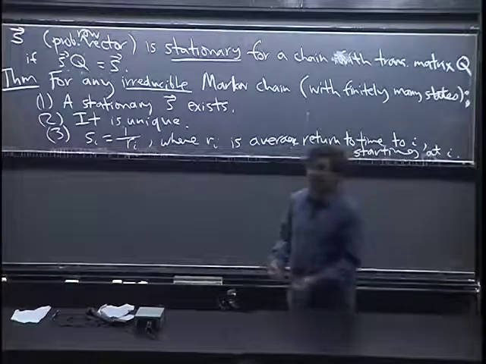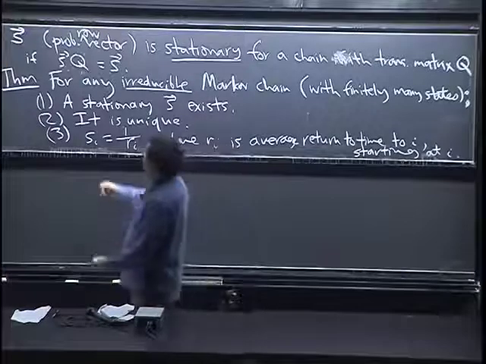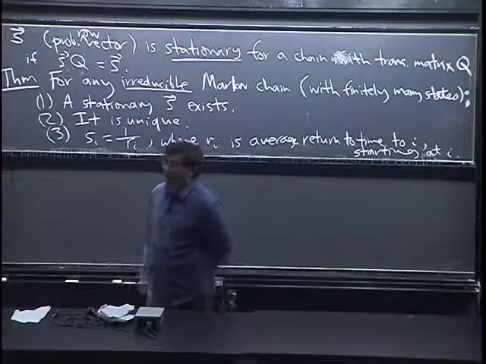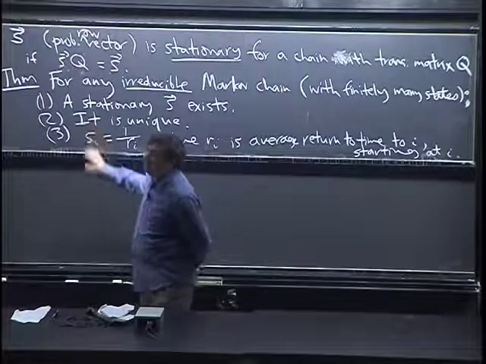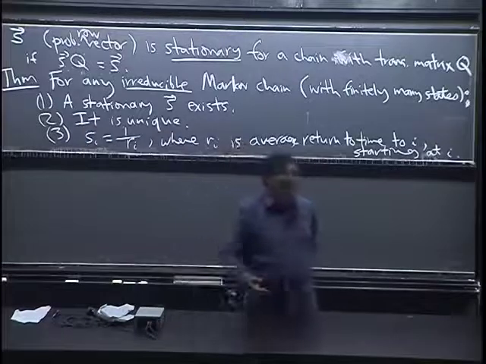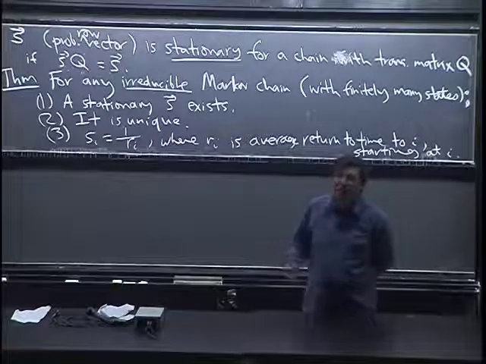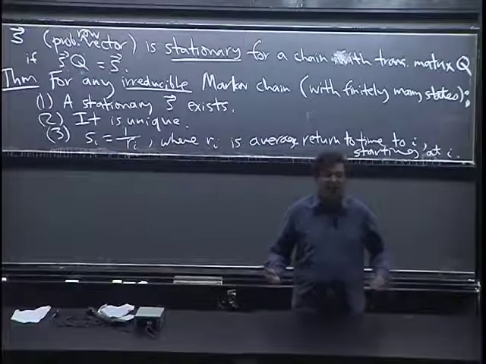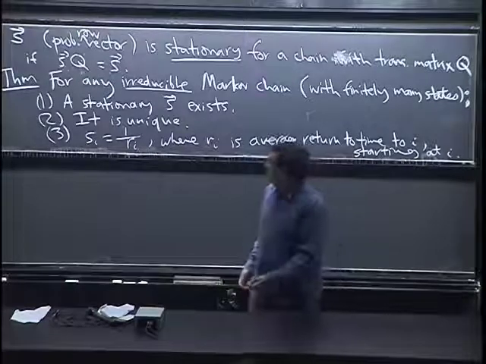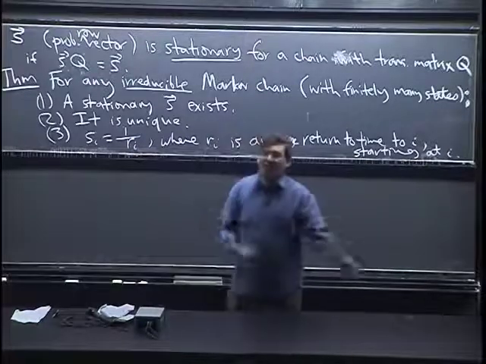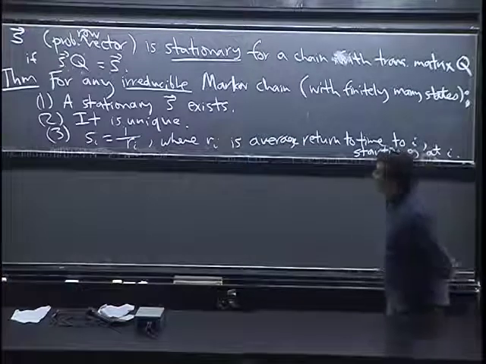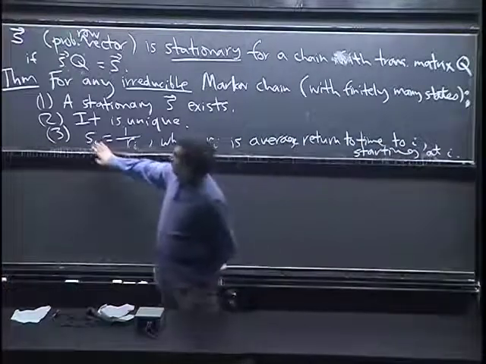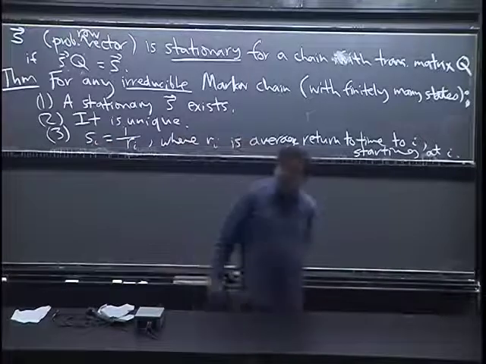That's going to converge to S_i, under some mild conditions. So this is the long run fraction of time at state i. If the chain is at i 1/10 of the time in the long run, this says that if you start at state i, then on average it'll take 10 steps to get back to state i. So it's neat that there's this very simple relationship between these things.